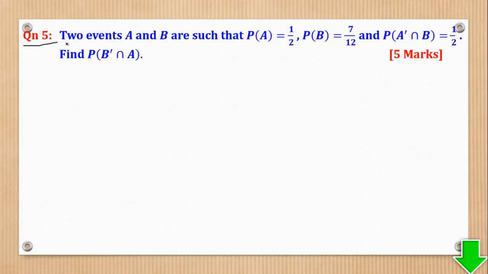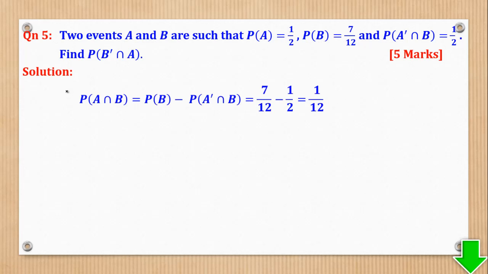So question 5 says, two events A and B are such that probability of A is that, probability of B is that, and probability of A complement intersection B is that. Find the probability of B complement intersection A. So probability of A intersection B from the contingency table is equal to probability of B minus probability of A complement intersection B, which is this minus this to give you 1/12.